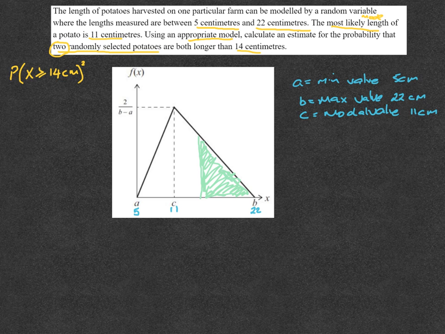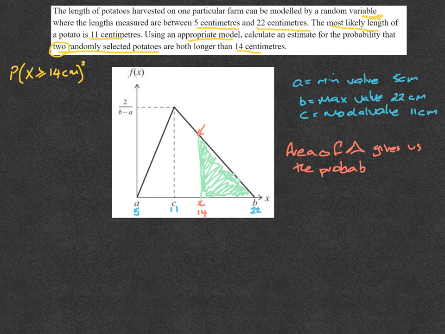So we're trying to find that there. And the first step we're going to do is we're trying to find that value X there. And by doing that, well, we know that's 14, sorry. We need to find this height here because the area of a triangle gives us the probability.